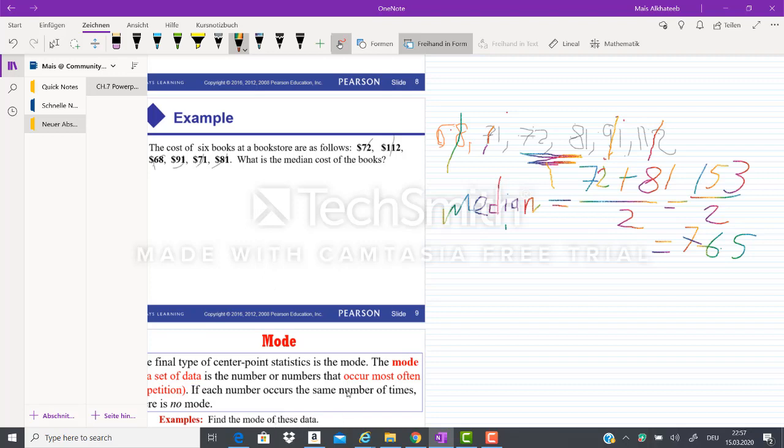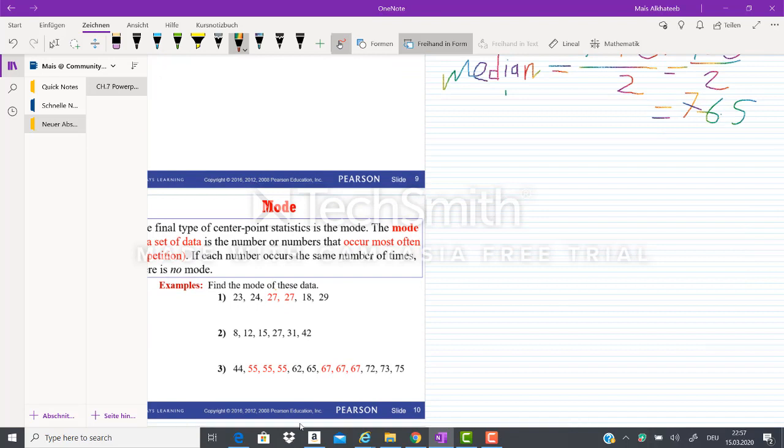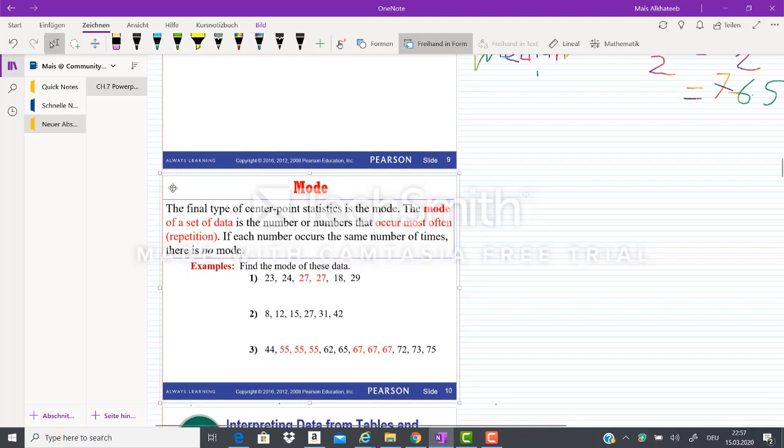What is the mode? Okay, we move to the mode. المود هو الفاينل تايب of center point statistic. المود هو repetition، هو التكرار.